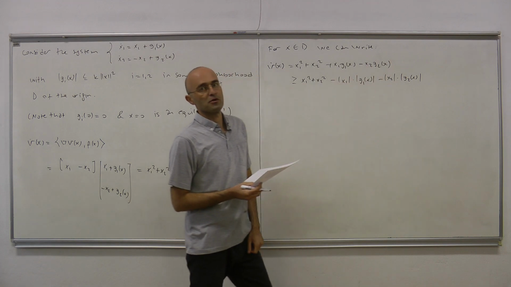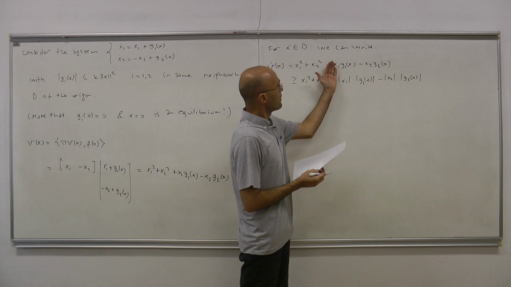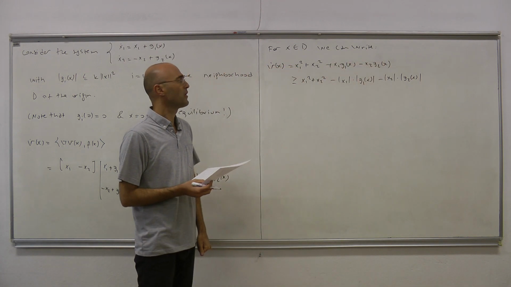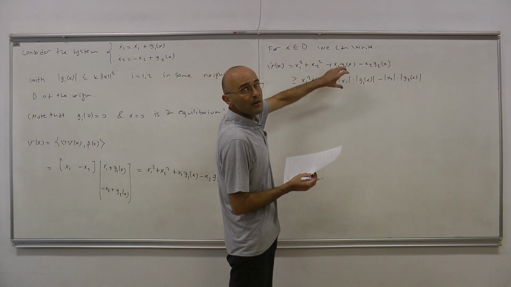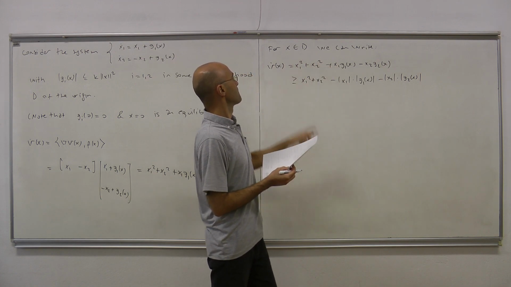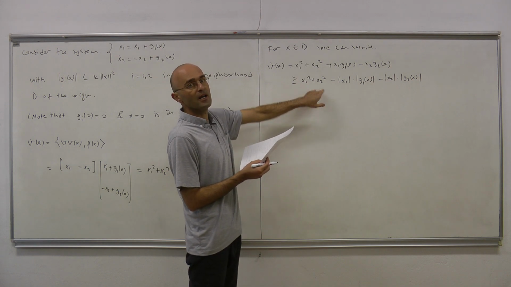Likewise, this could be either positive or negative. But then what we do is we take this, which is always positive, and this, which is always positive, and we put minus signs in front. Therefore, the term here that we wrote down is always smaller than the V dot. So V dot can always be lower bounded by this.